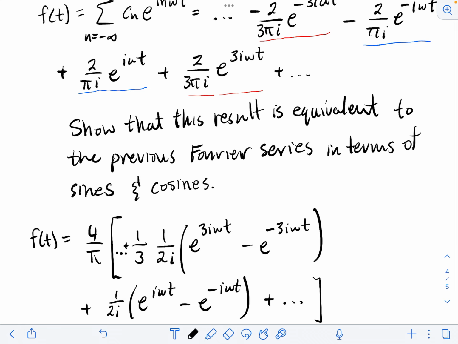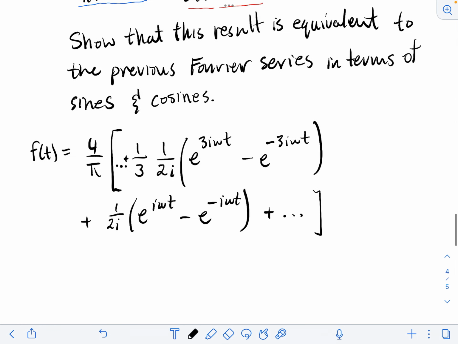And so maybe you could start to see that this 1 over 2i times e to the i omega t minus e to the minus i omega t, well, that's exactly sine omega t. And this 1 over 2i times e to the 3i omega t minus e to the minus 3i omega t is exactly sine of 3 omega t.